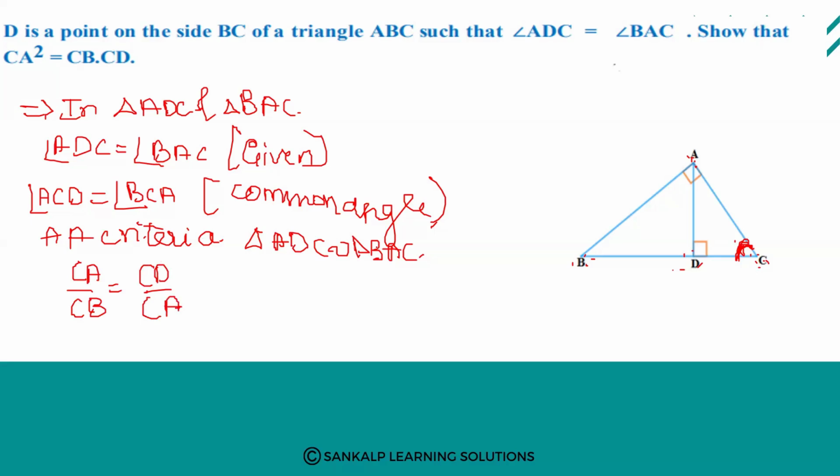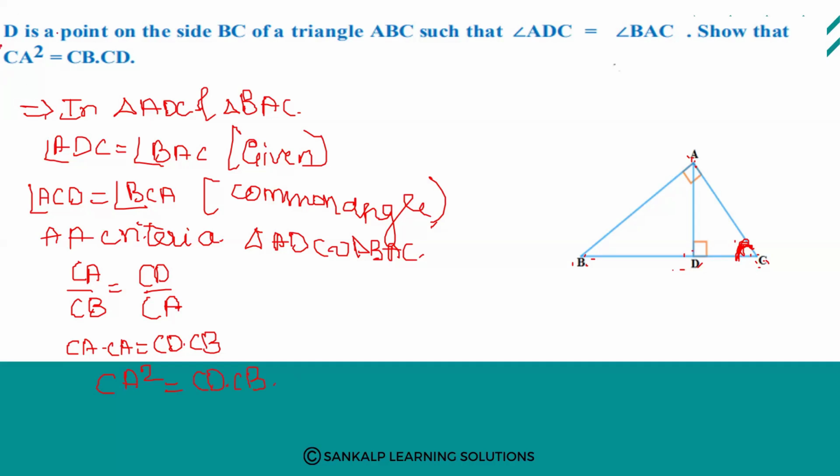When these two triangles are similar, corresponding sides are in the same ratio. Therefore, we can write that CA divided by CB is equal to CD divided by CA. Now, transfer this CA to this side and CB to this side. You will get CA into CA is equal to CD into CB. CA into CA is CA square, which is equal to CD into CB, right?